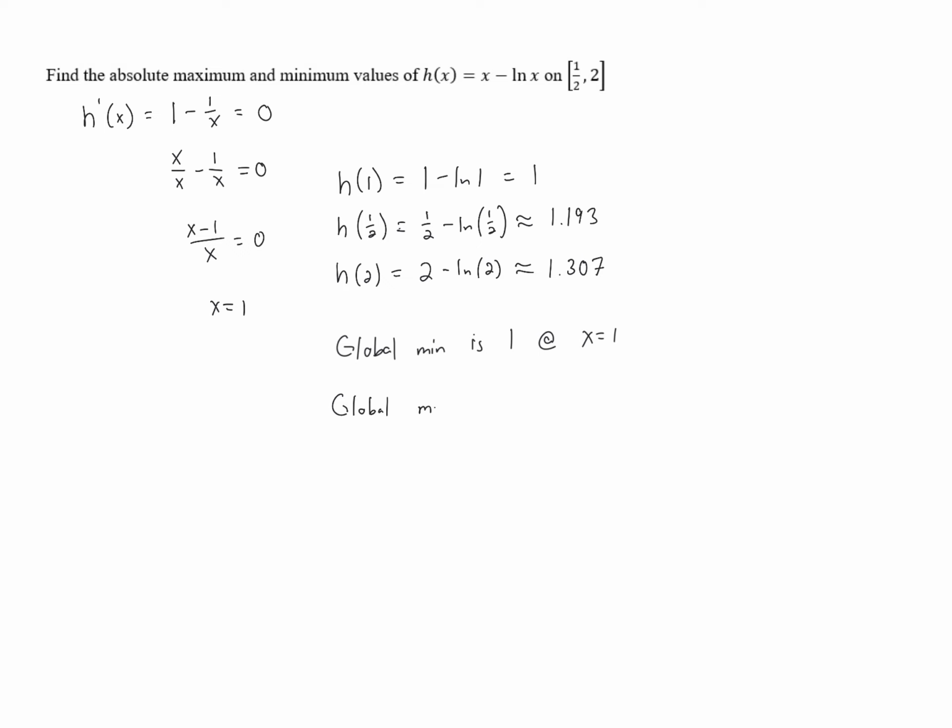And our global maximum is 2 minus ln of 2, which is approximately equal to 1.307, and that occurs at x equals 2. So there are our extreme values.